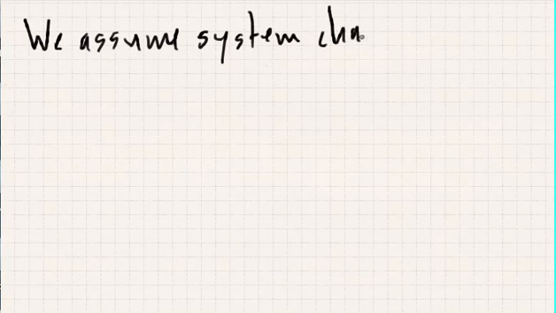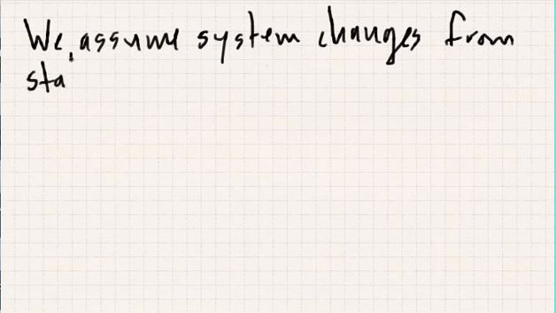What we're going to be assuming here is that the system changes from state to state by random chance.